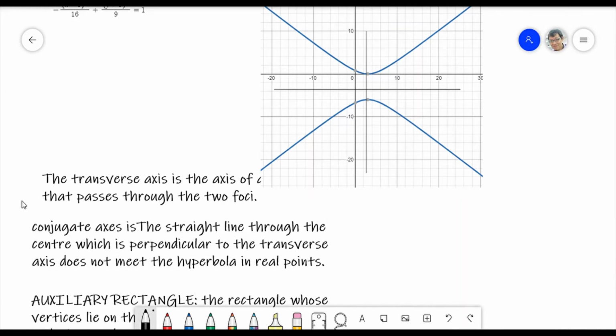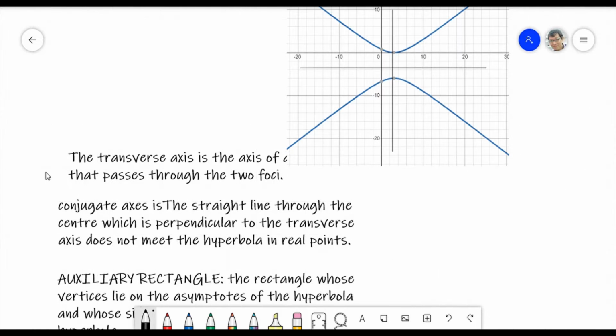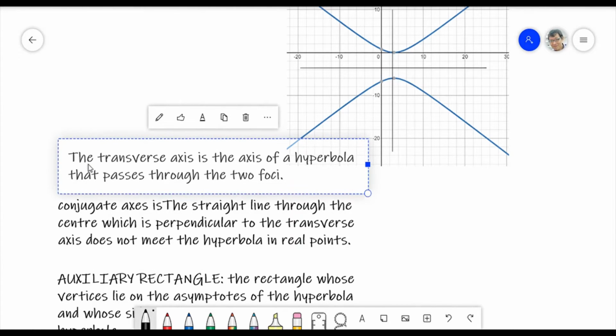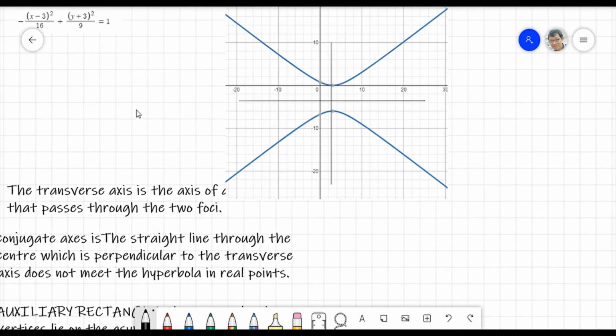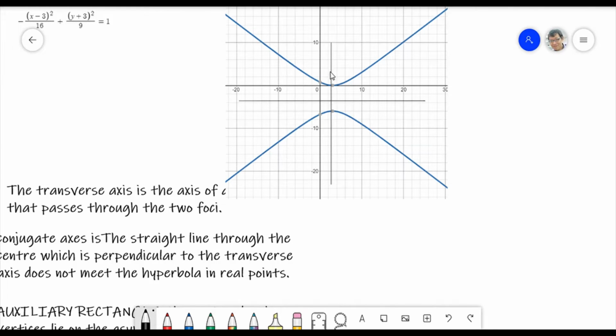We introduce some new concepts which we did not cover in the last session. First is the transverse axis. The transverse axis is the axis of a hyperbola that passes through the two foci. So here the transverse axis should be this one, so let me write it as T. They pass through the two foci, one around here and one down here, just approximately, because this is the same line that passes through the center as well as the vertices. This is a vertex, right?